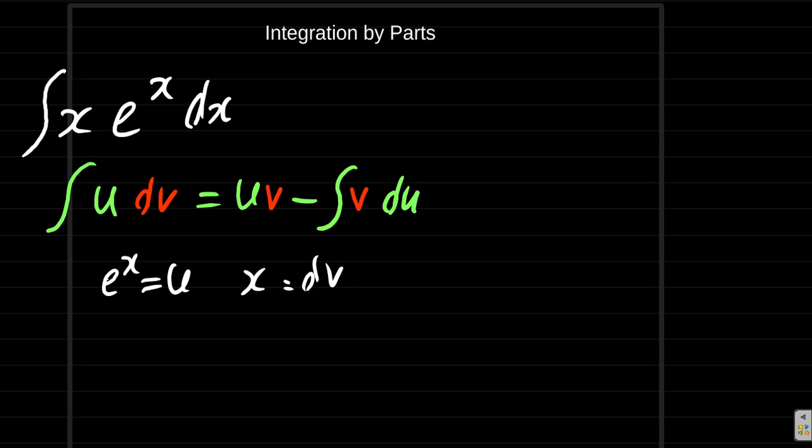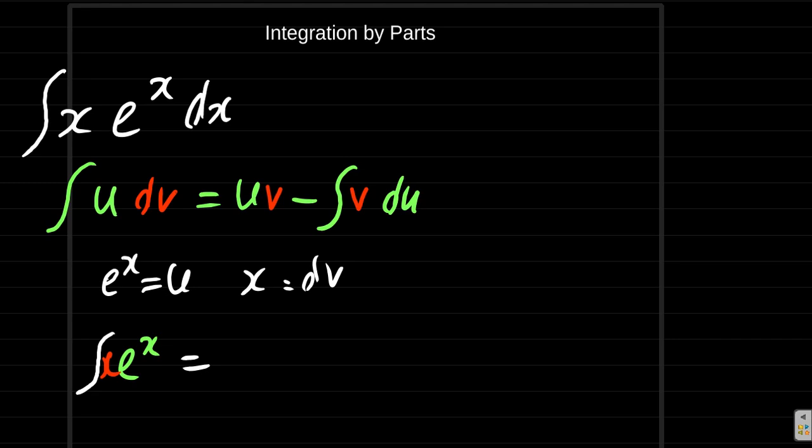Let us see. The integral of u, which is e to the x, dv, which is x, so it's u dv, is equal to u times v.